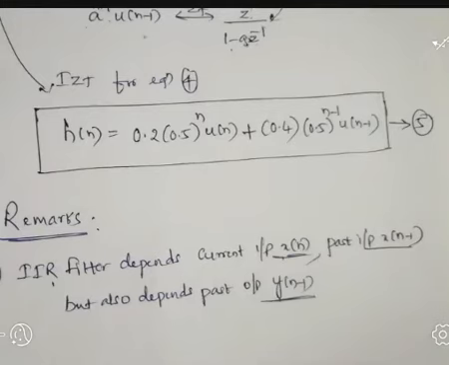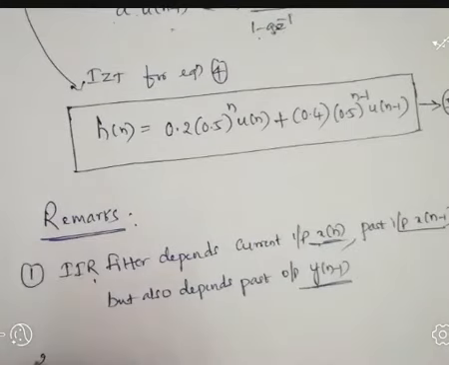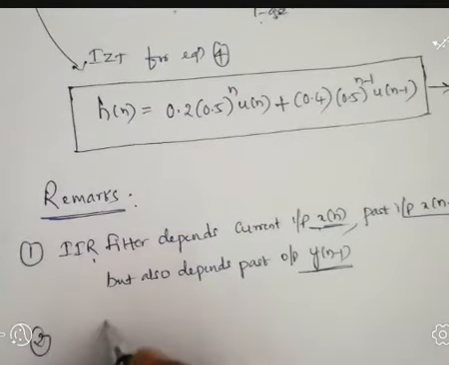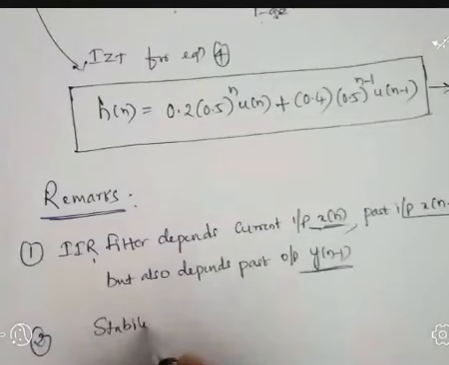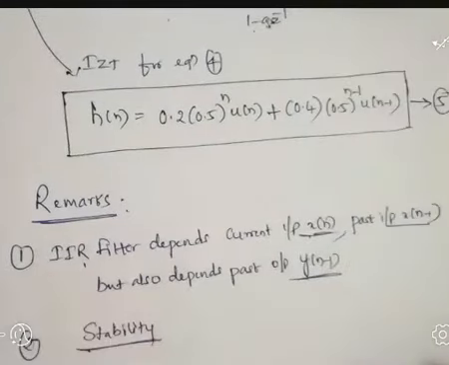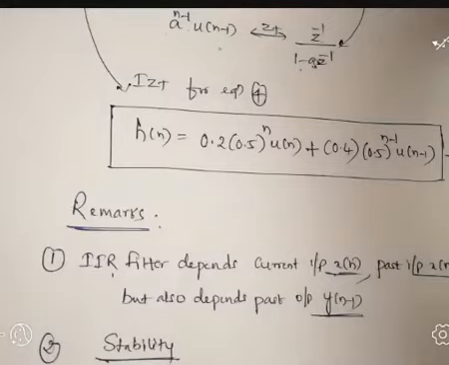Coming to the second remark. The second remark is about the stability of the filter. How are we going to check whether the filter is stable or not? We are going to check from the ROC.